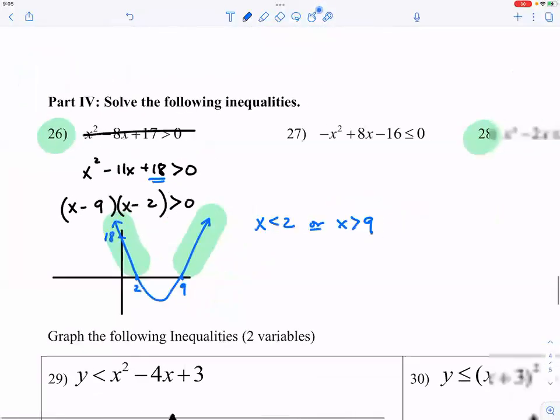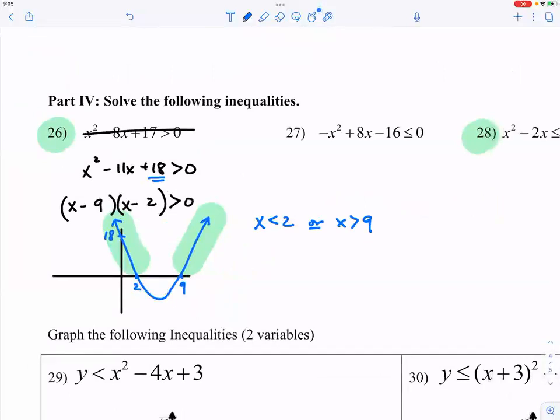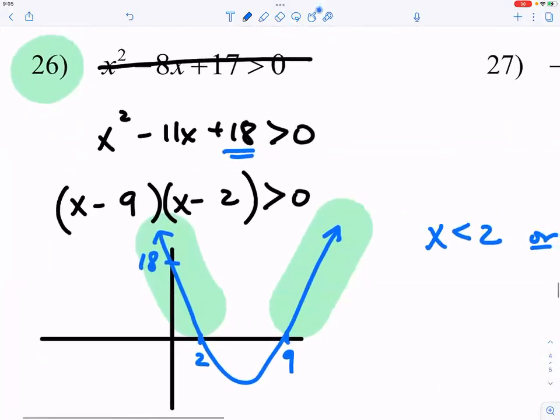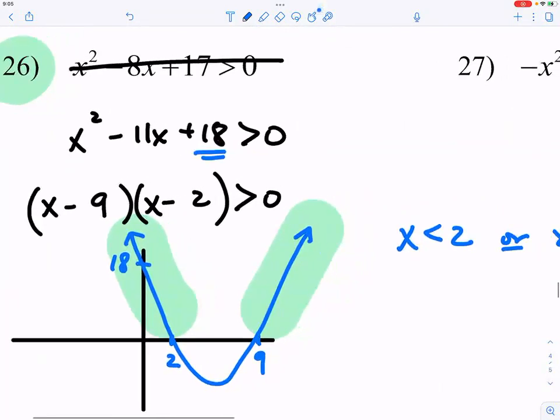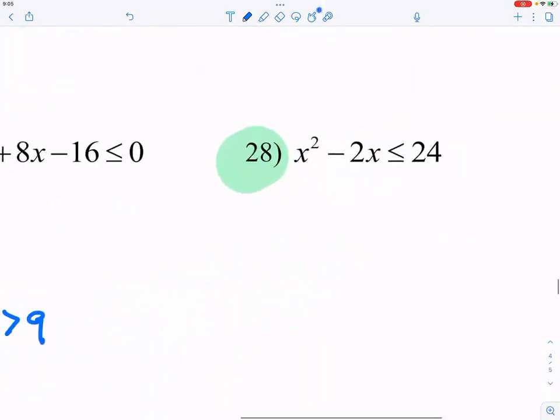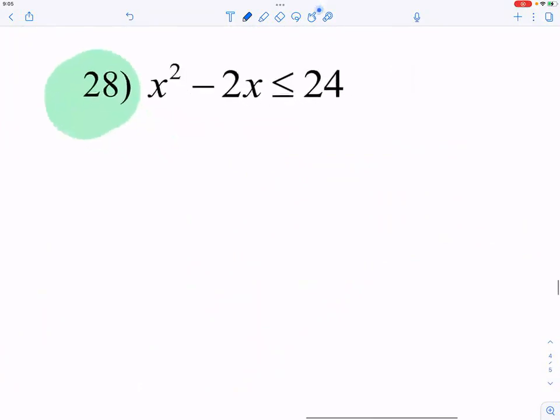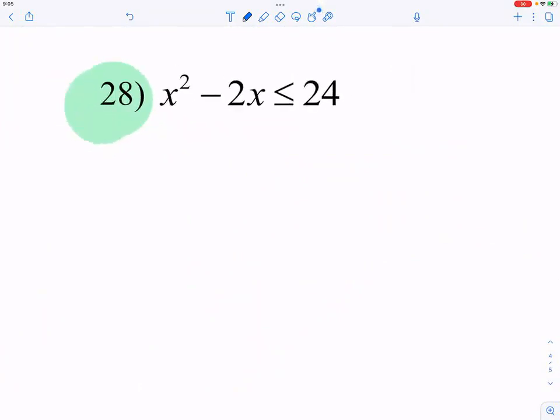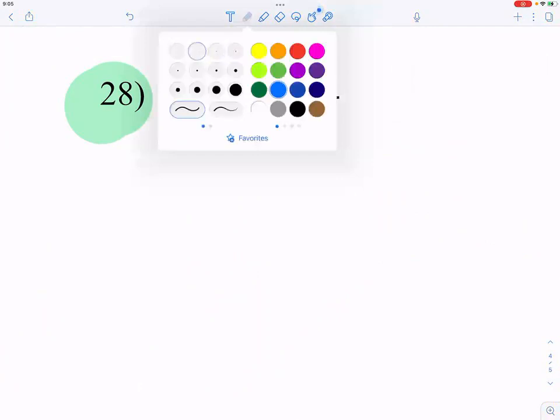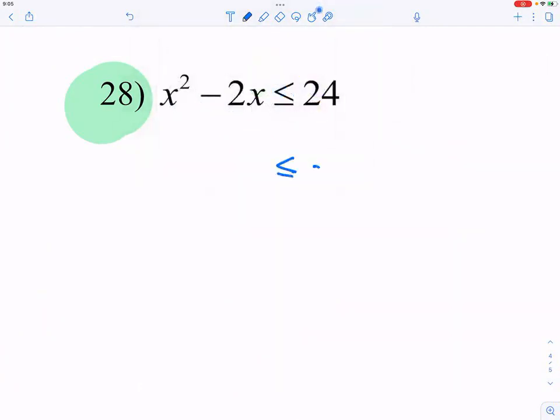Always factor. Always make one side go to 0, because that's how we can tell easily where it is above or below the x-axis. So if you look at number 28, the first thing that we will do is move everything to one side, because we need to have 0 on the right.